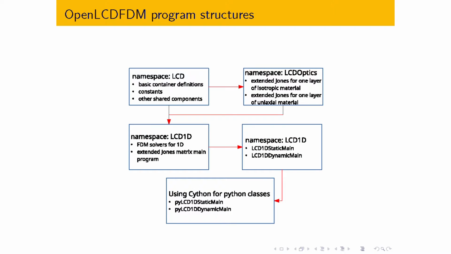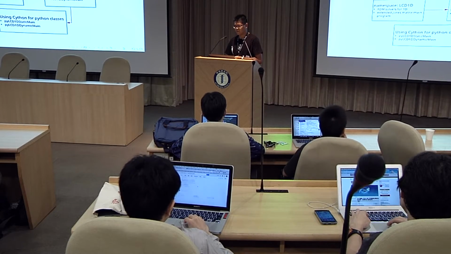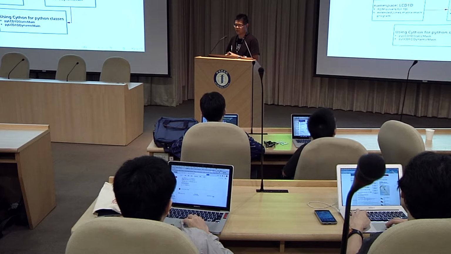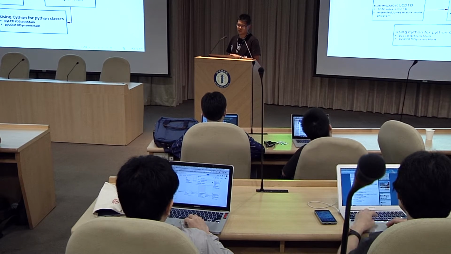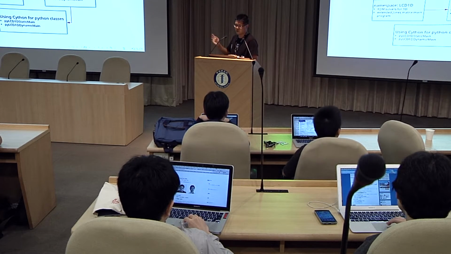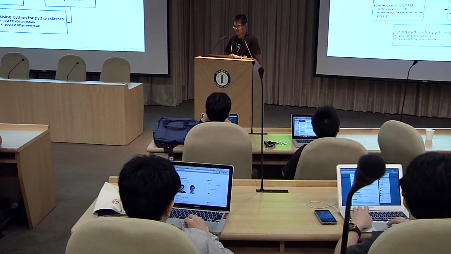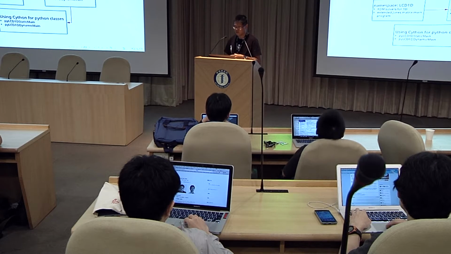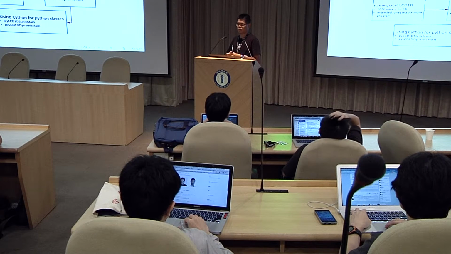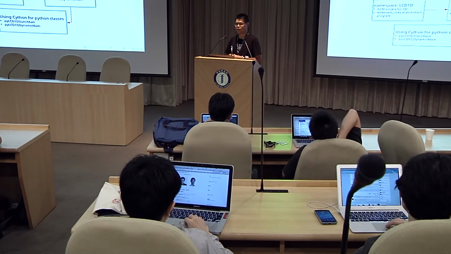Okay, this is a simple diagram of my program at present. I separated these. This namespace LCD puts all the common parts that I may use in further 2-dimensional, 3-dimensional simulations. The LCD optics is also a common part that I can use in 2-dimensional, 3-dimensional simulations, but it is for the optical calculation, like calculating the Jones matrix, the extended Jones matrix, when the light propagates through a layer.